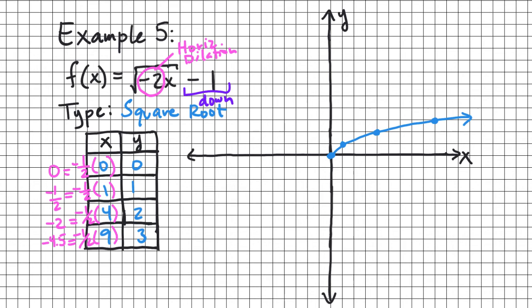So if I graph these points, the first point is still 0, 0. The next point is going to be negative 1/2, so I'm going to go to the left 1/2 and up 1. Then I'm going to go to the left 2 and up 2.